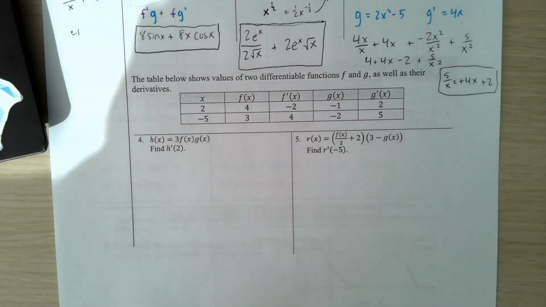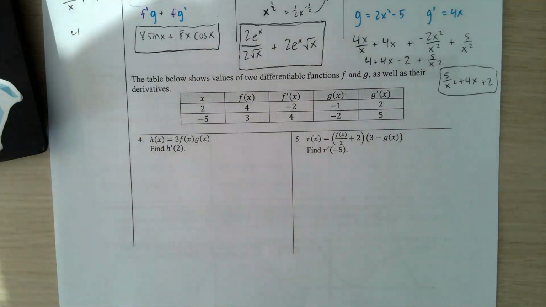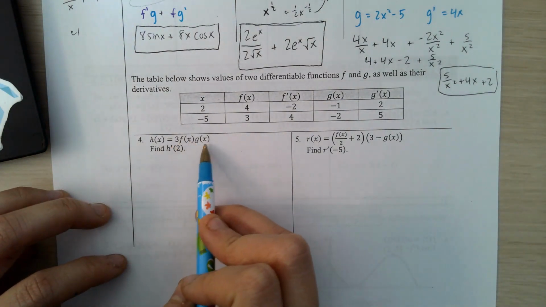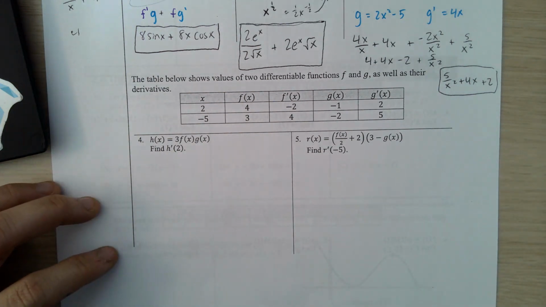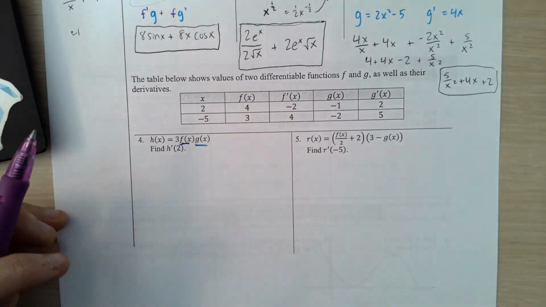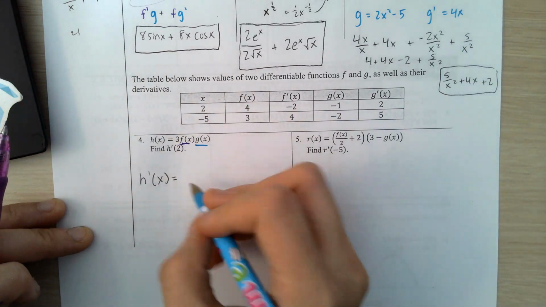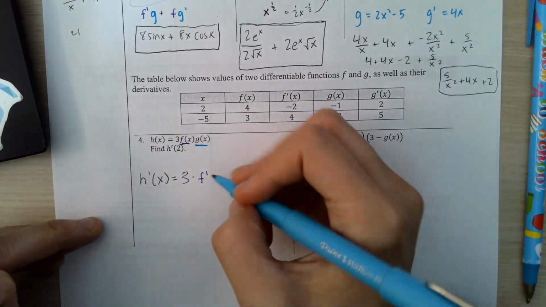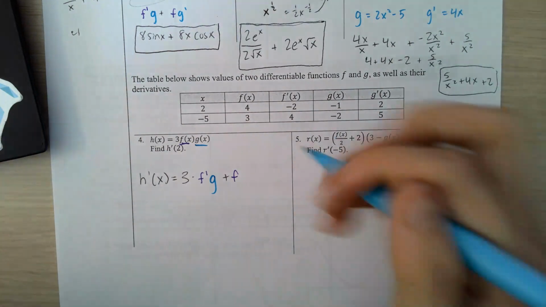Okay, so this one looks trickier because it's tables, but it's actually less math. It's more just plugging and chugging. So we have h of x equals 3 times f of x times g of x. We need to find the derivative at 2. So we have our f and our g. To find our derivative, we know that the constant there is just the same. That's the product rule, so we have f prime g plus f g prime.